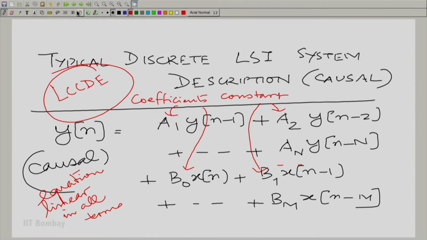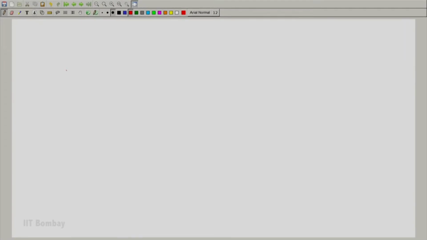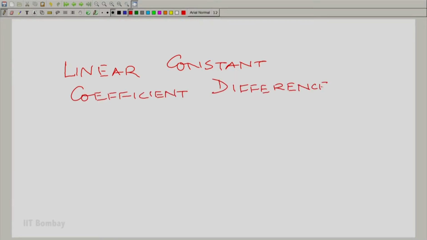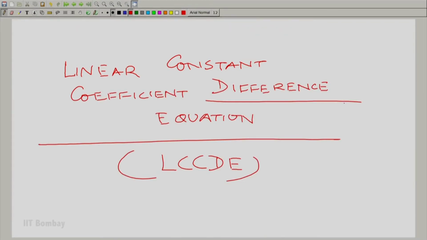The only change is that we are talking about a linear constant coefficient difference equation, difference note. There it was differential, here it is difference.